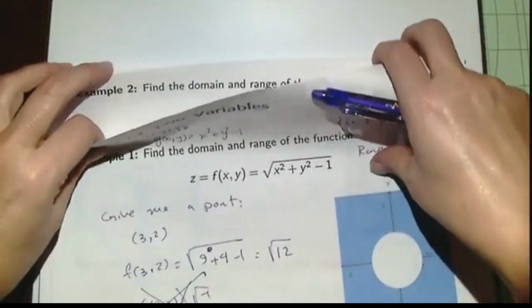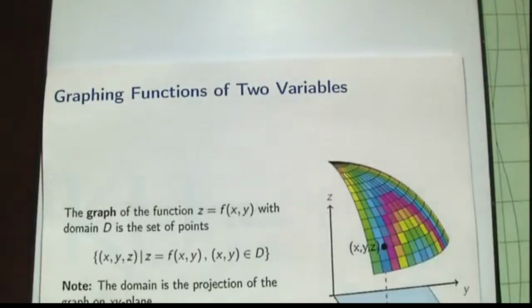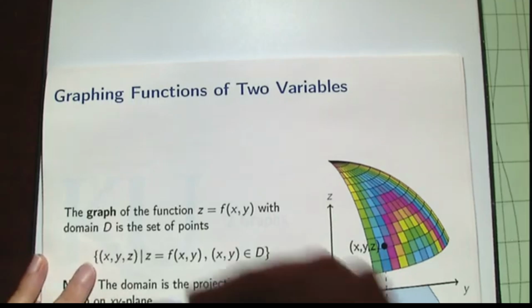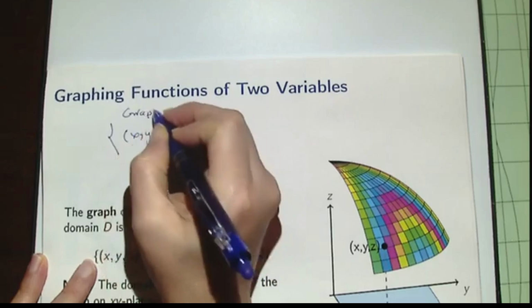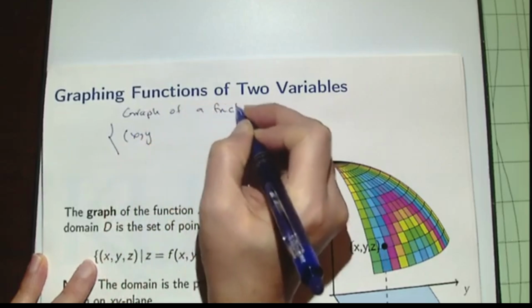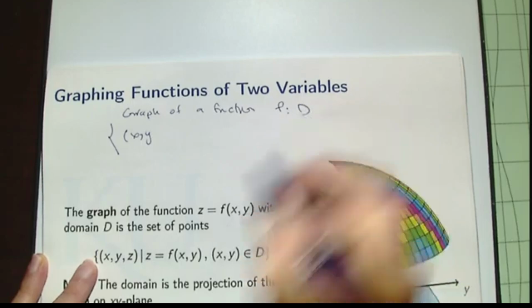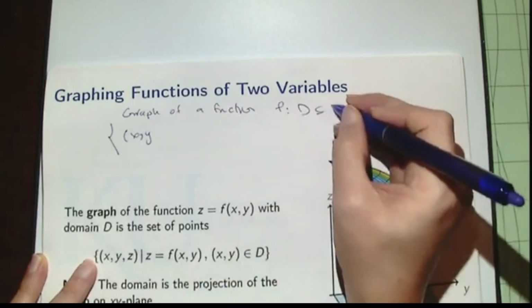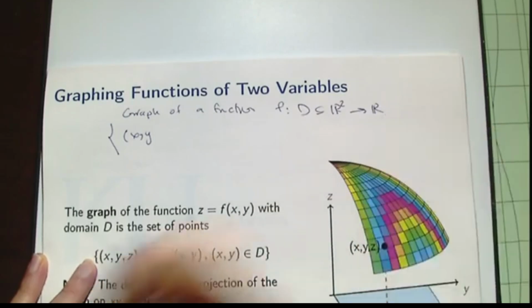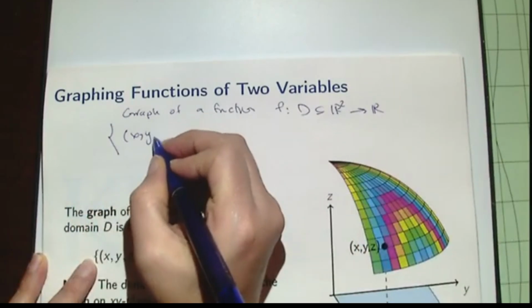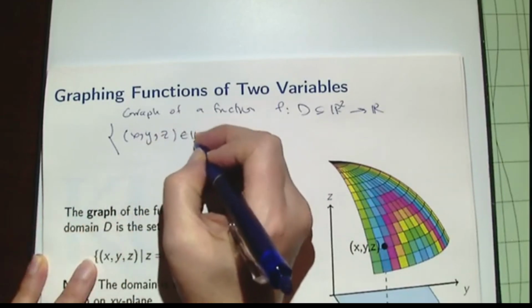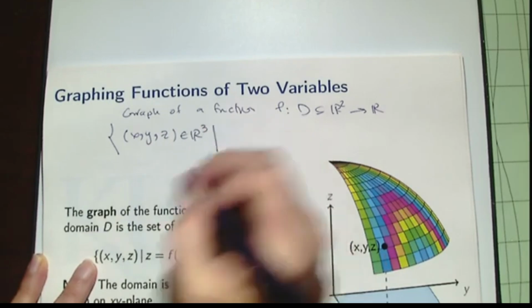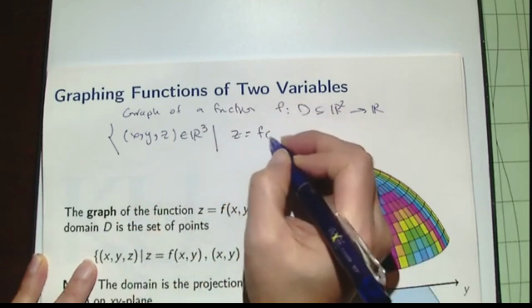So the last thing that I talked about was the graph of a function. What is a graph of a function? The graph of a function f from domain D, a subset of R2, to R, is all the points x, y, z in R3 such that z is equal to f of x and y.